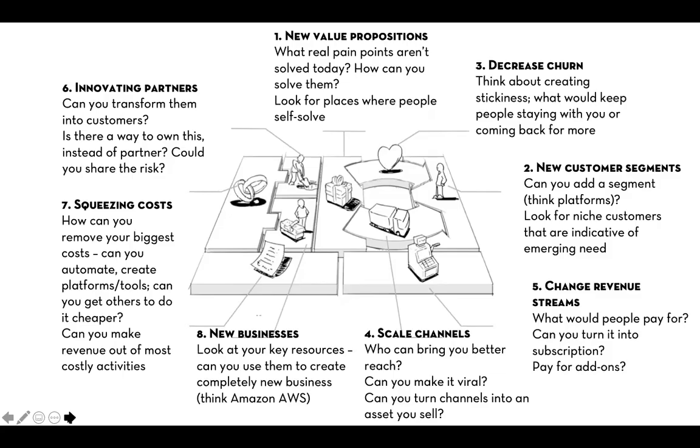Then the third thing you'll be looking at, and that's what we've been talking about actually with most of the examples, is decreasing churn. So how do you create stickiness? Because stickiness means that it's very difficult for another competitor to steal your customers.